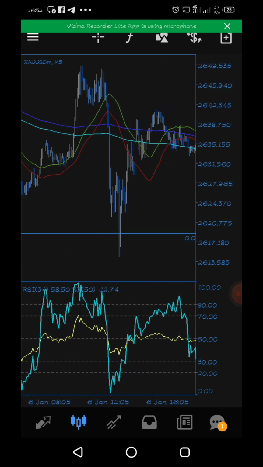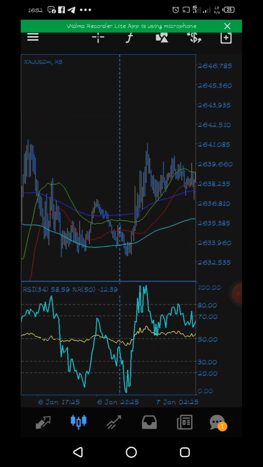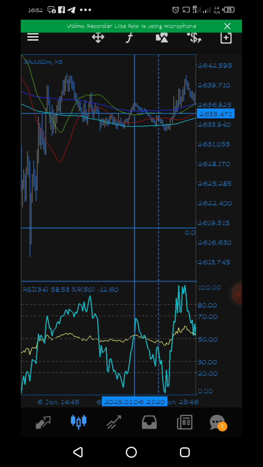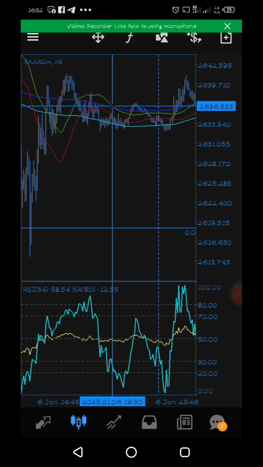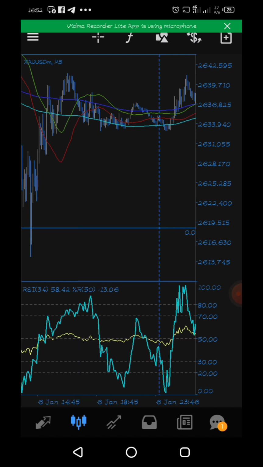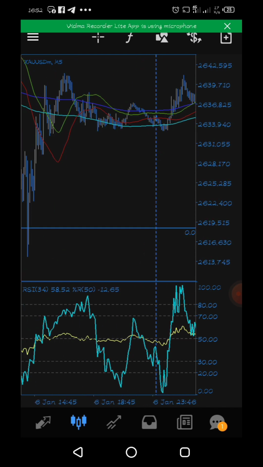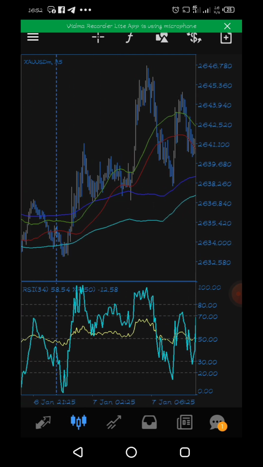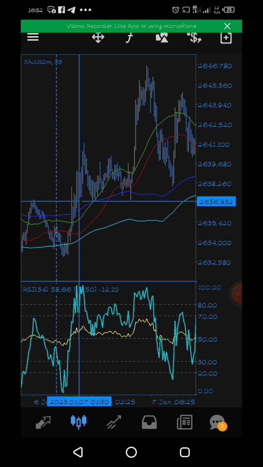You can see how the market ranges around here. In this range, you can see both moving averages, the long term 200 and the other 134, are clustering here. Afterwards, the market broke out of it and we're able to see the trend.